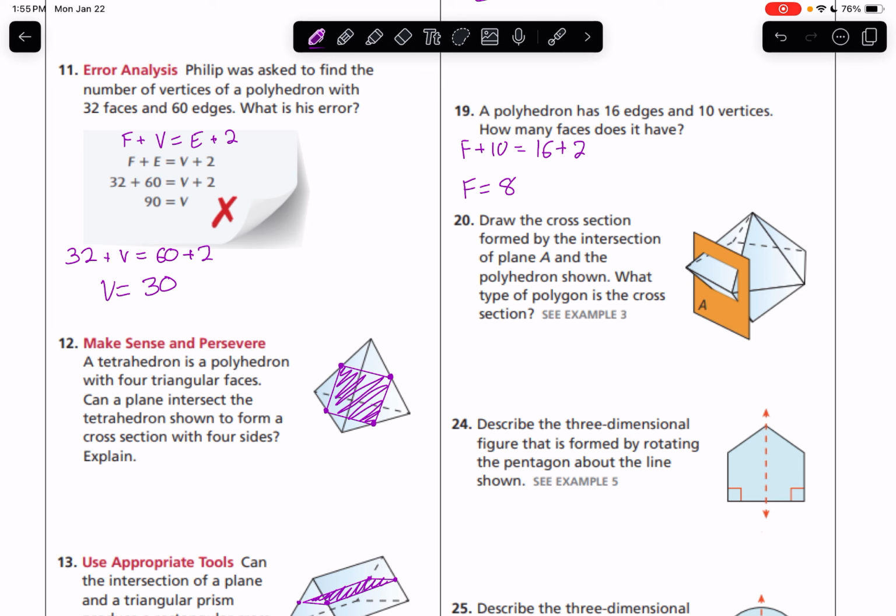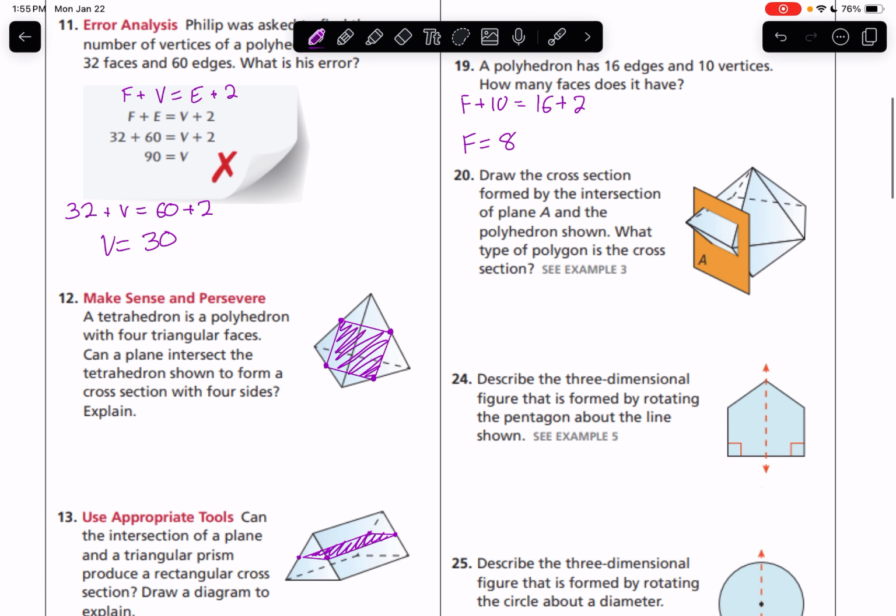What type of polygon is the cross-section? Well, if we have that cross-section going right there, we're going to get this long, skinny hexagon. Kind of like this. Just like that. So that is a hexagon.